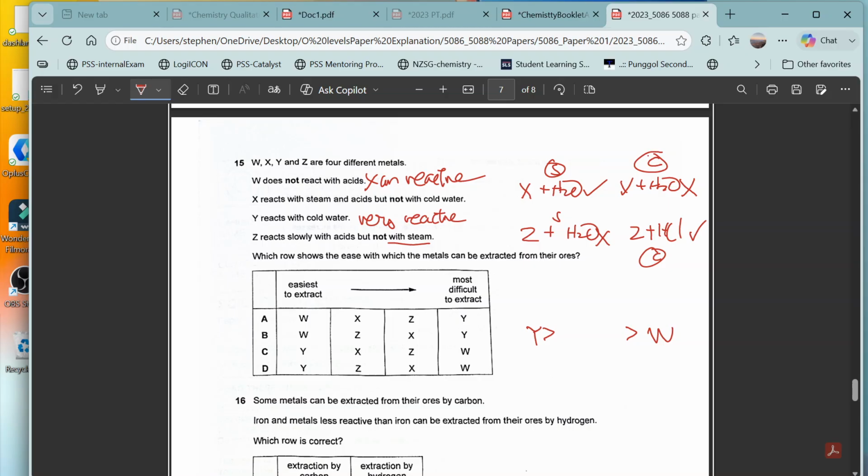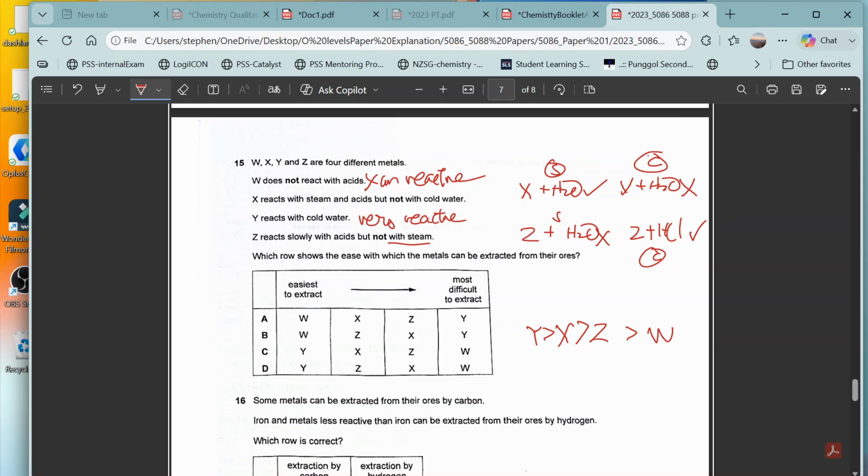So I can deduce that X is more reactive than Z. So I come to this little deduction. I look at the information, and I need step number 2. I need to find out the hidden information.